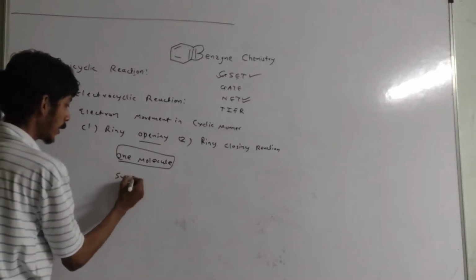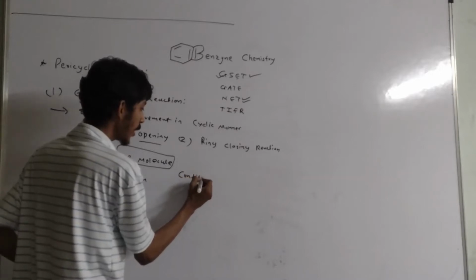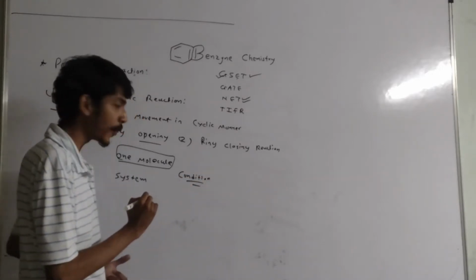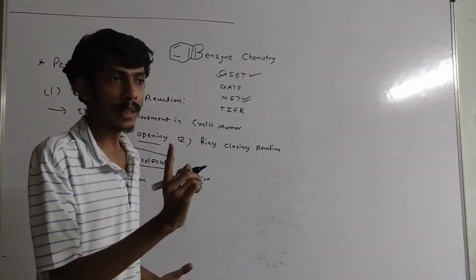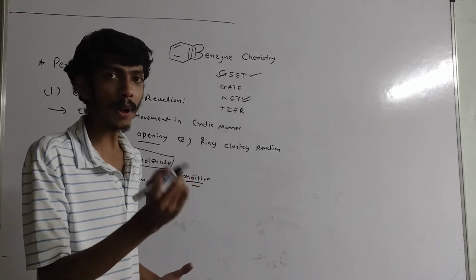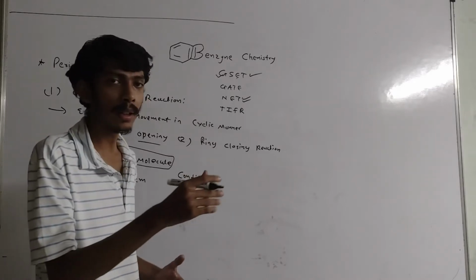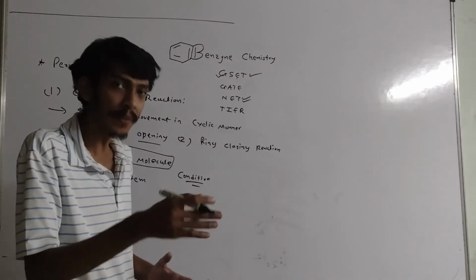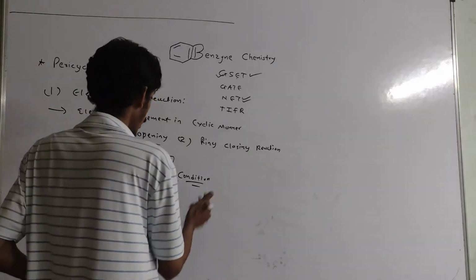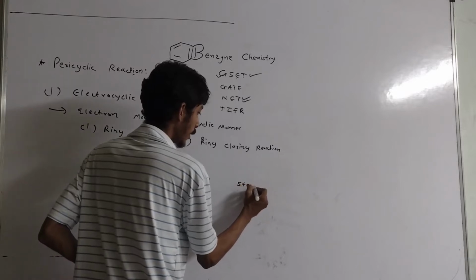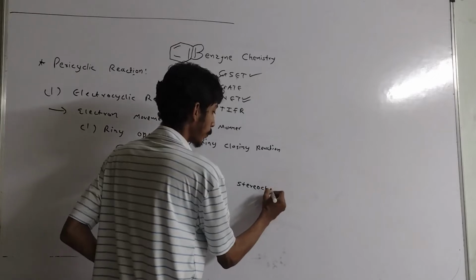Here we consider the system and the condition, heat and photochemical, because in each condition a different product is formed. The other very important aspect of the electrocyclic reaction is the stereochemistry.